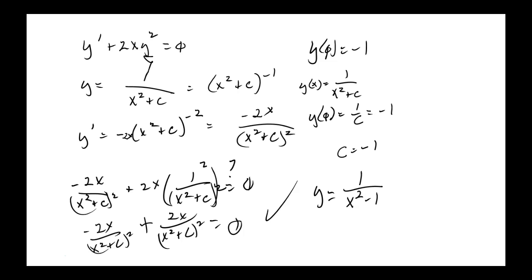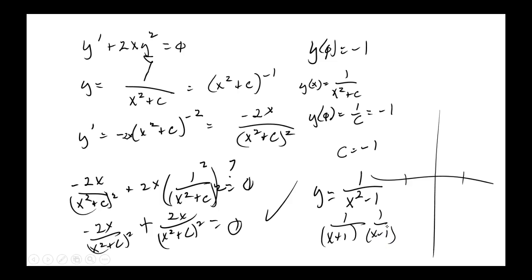Okay. But, here's the but here. If you were to graph this, what you see obviously is you have two places where this is not defined, right? This is 1 over x plus 1 times 1 over x minus 1. But anyway, x cannot equal negative 1.